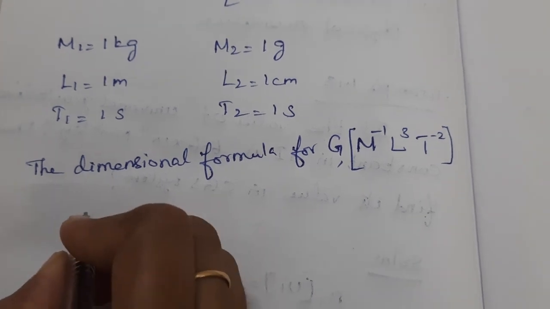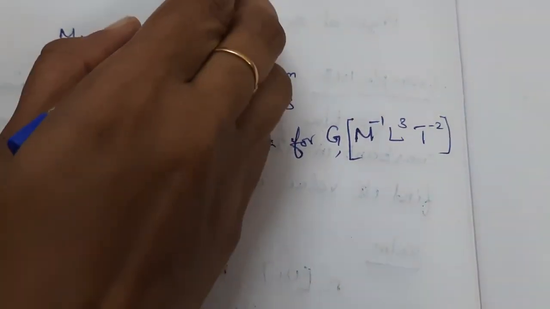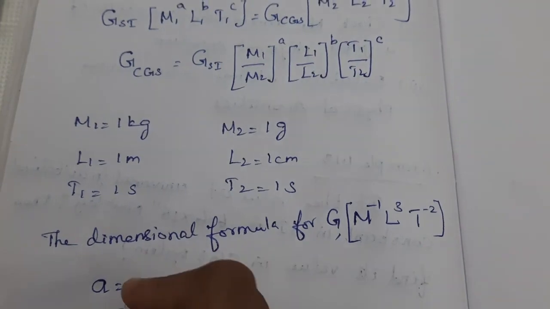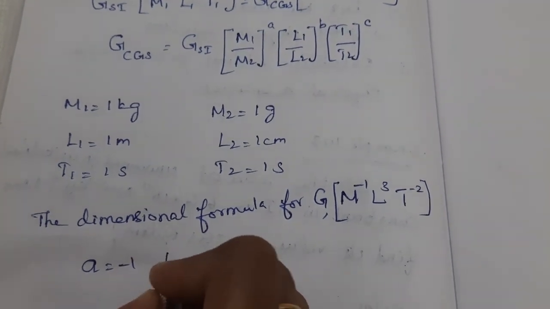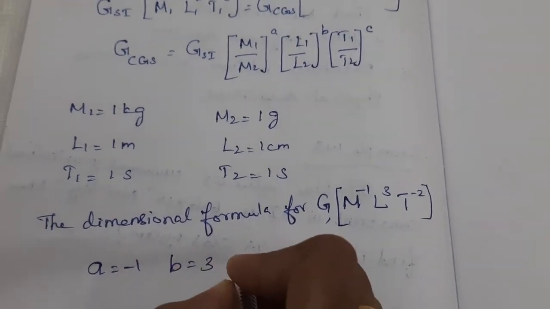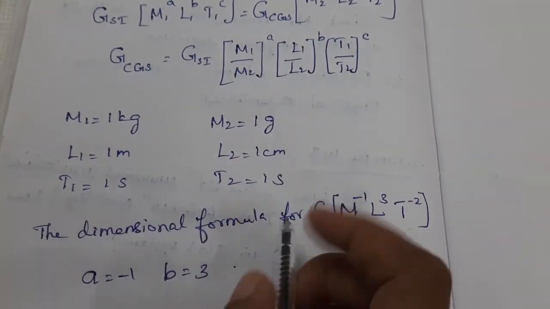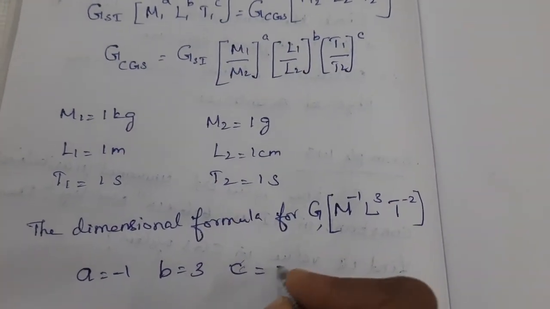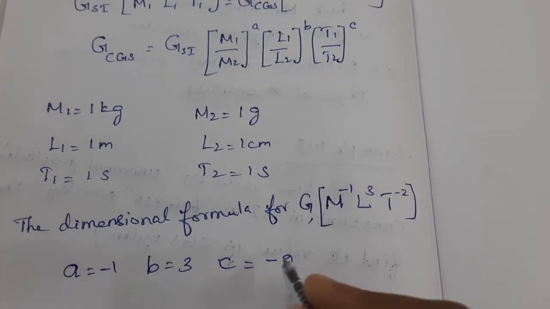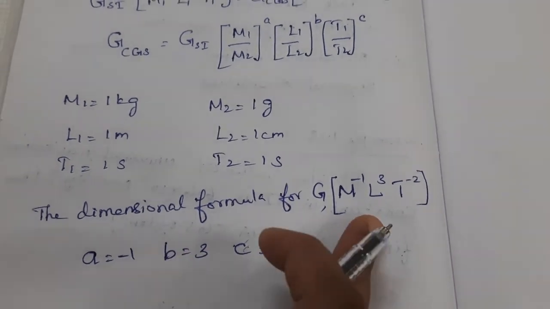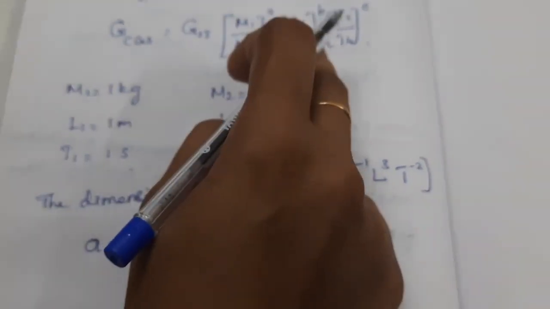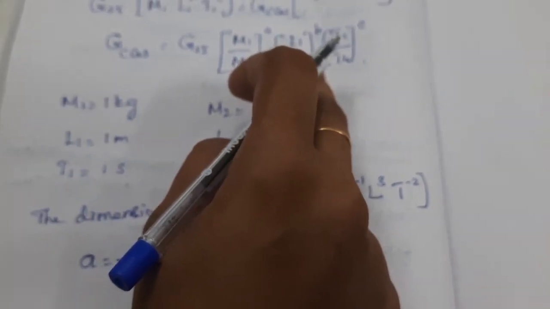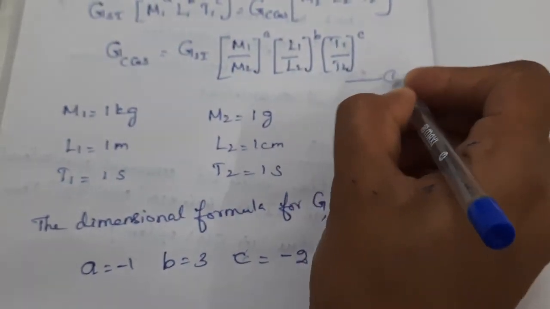Comparing the powers, we can write a equal to minus 1, b equal to 3, c is equal to minus 2. Now substitute these values in this equation. Consider this as equation 1.